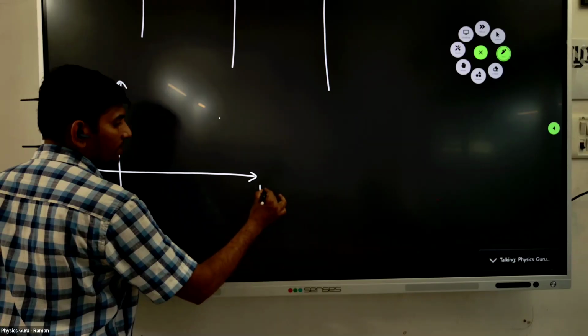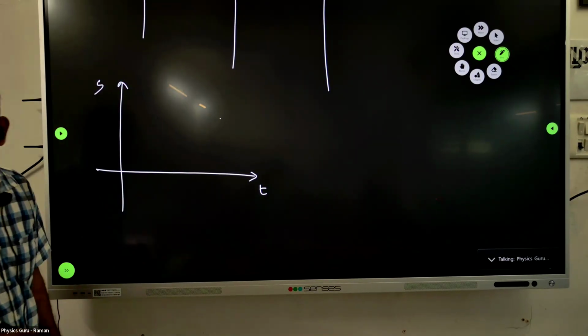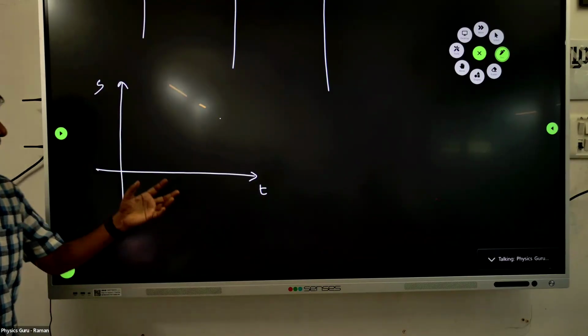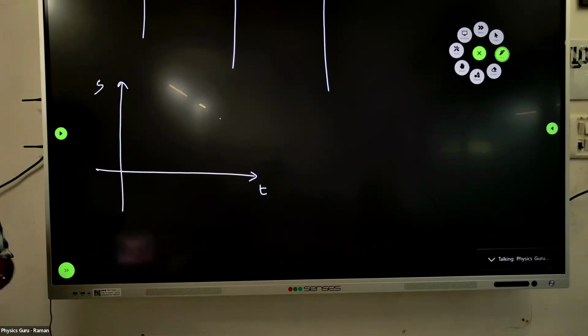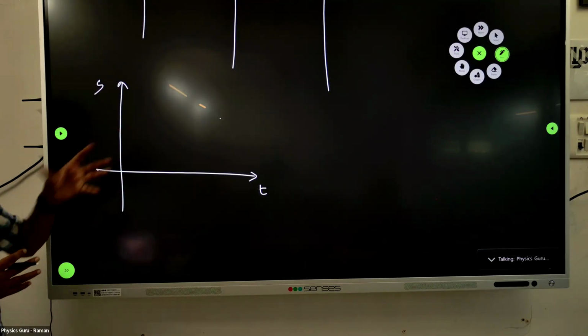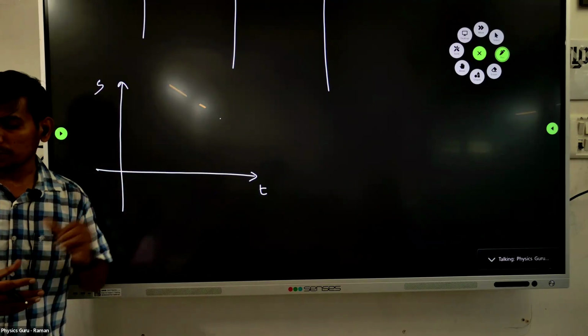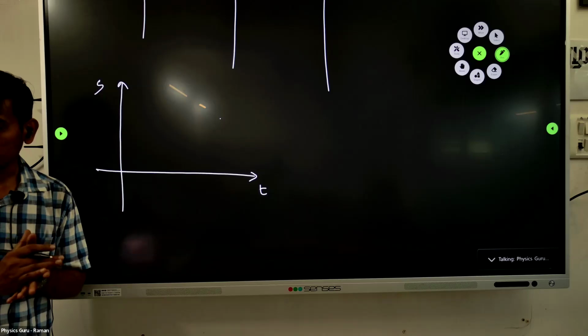On the x axis, I place the time, and on the y axis, I place the displacement of a body. Let's assume that a body is moving, and I'm going to study its motion using this graph. And I'm going to represent this motion in the form of an equation. That's what our task is today.